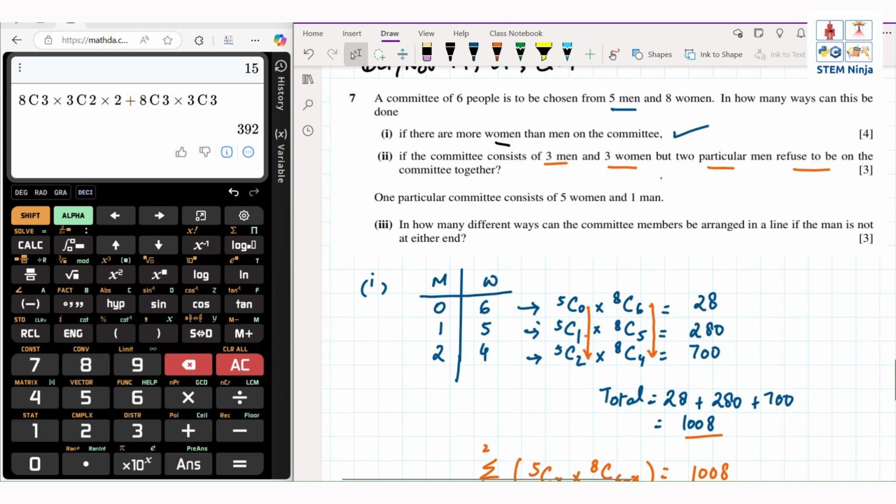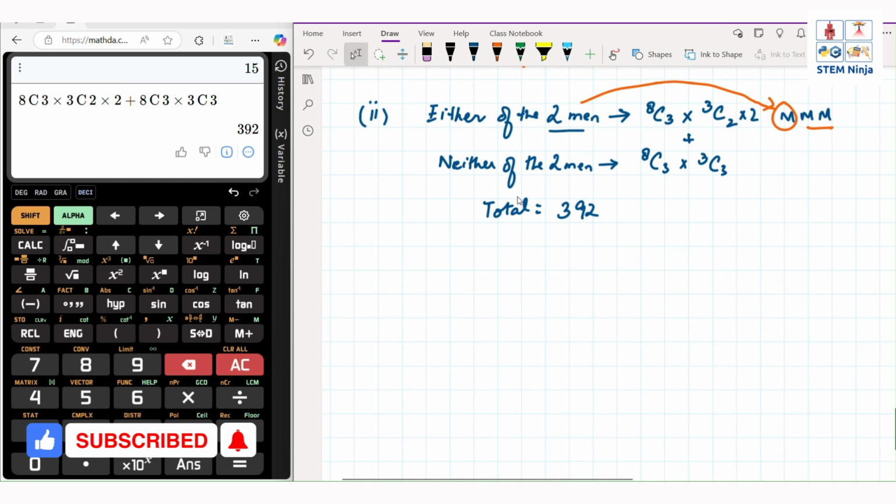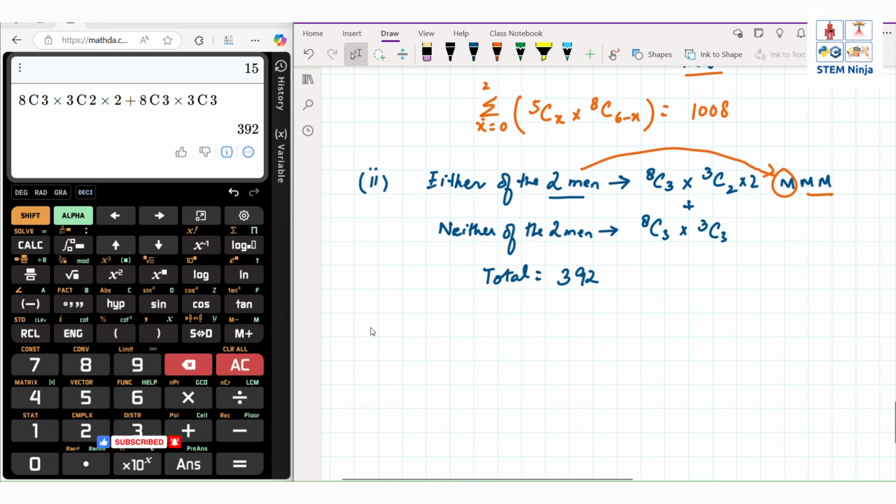One particular committee consists of 5 women and 1 man. So basically we had this over here. In how many different ways can the committee members be arranged in a line if the man is not at either end? Okay, so that would mean that we have 6 people: 1, 2, 3, 4, 5, 6.